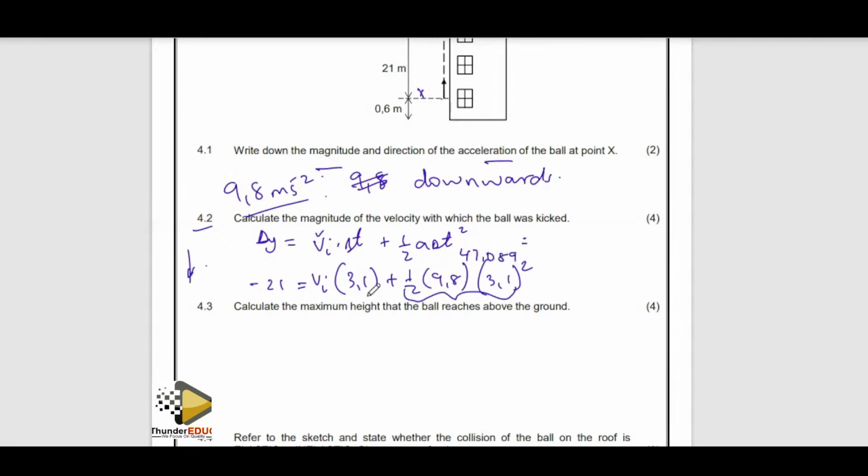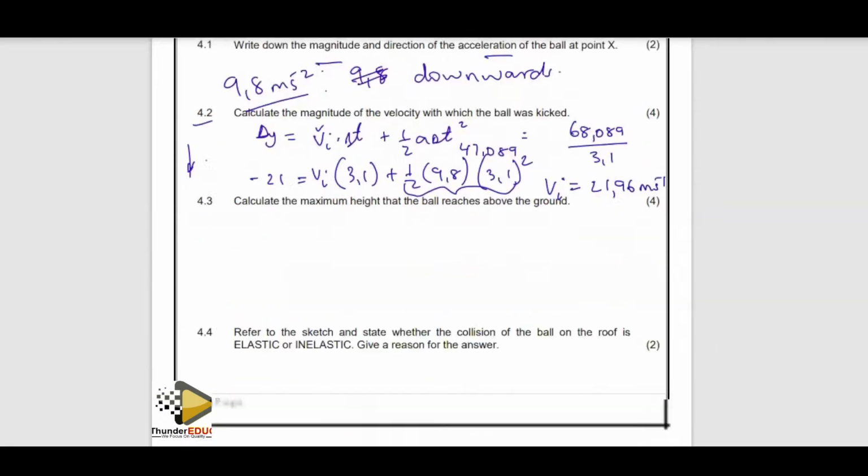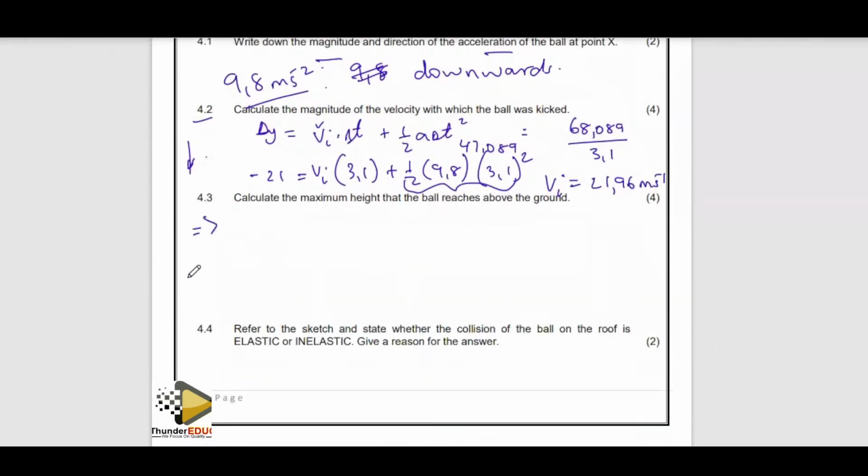Then I must move it that side, so plus 21, which gives 68.089. When I divide this by 3.1, I'm getting 21. So initial velocity is 21.96 meters per second, or any other acceptable option or equation can be used.